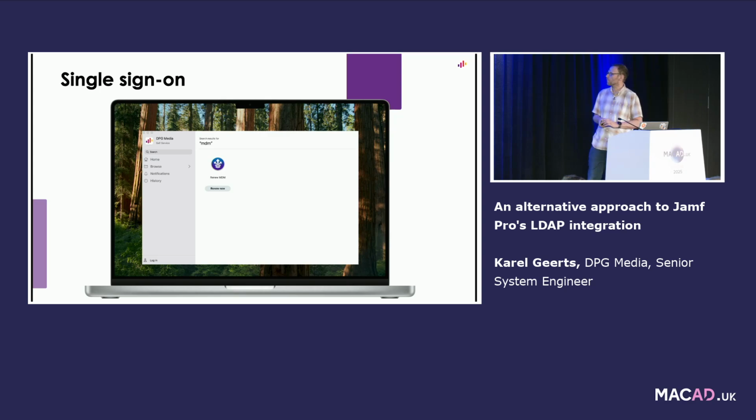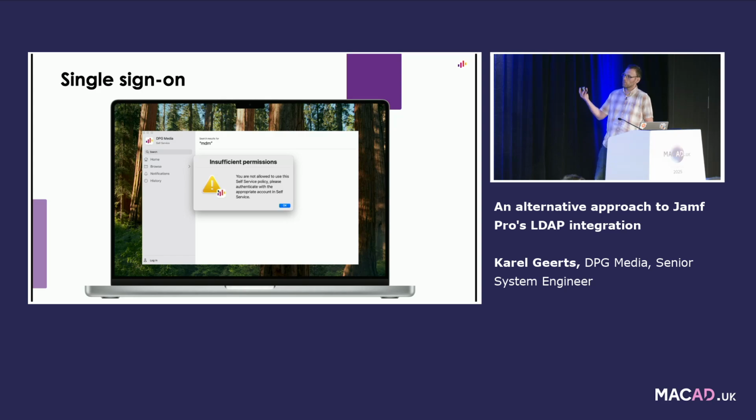So, I made a little video. You can see in here that I'm not logged in. So when we want to execute that policy, you will get a message, that's by the way in Swift dialog, that you are not allowed to use this self-service policy and you need to authenticate with the appropriate permissions.